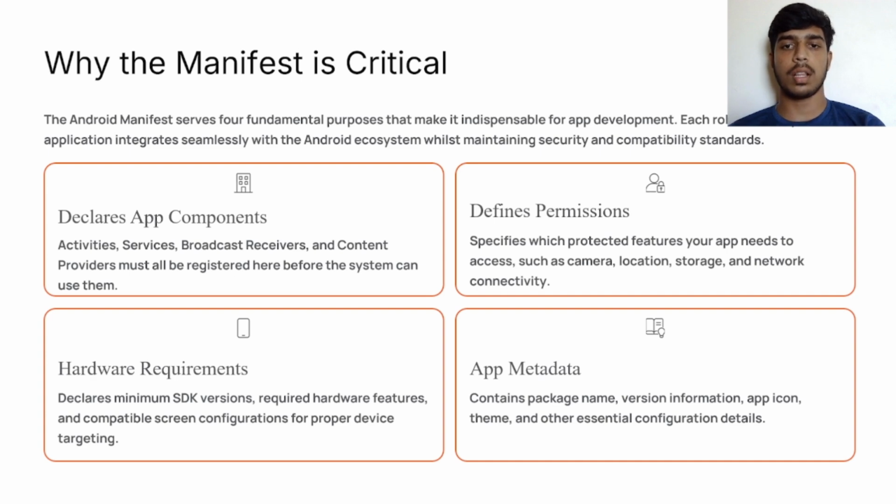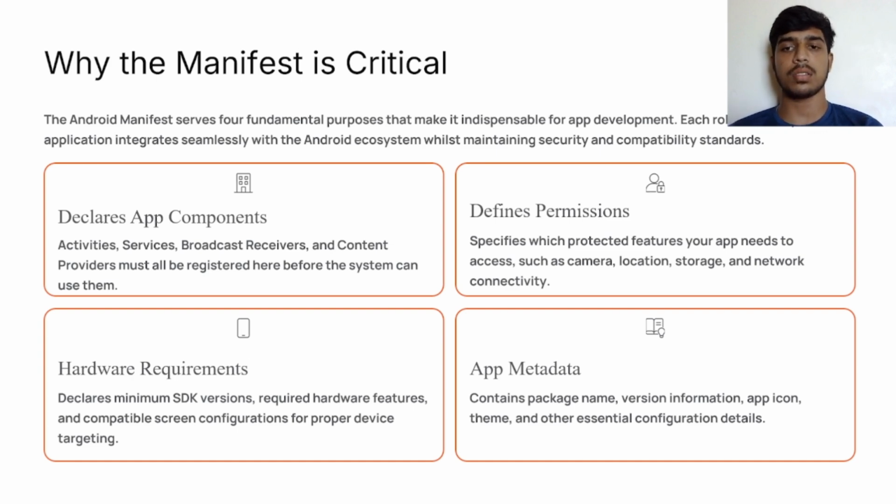The permission tag is all about that. It also states hardware and SDK requirements, and stores app metadata like icon, theme, and the version. In short, it makes your app work correctly and safely. Safely means with the permissions: we can request only the permissions that the app needs.